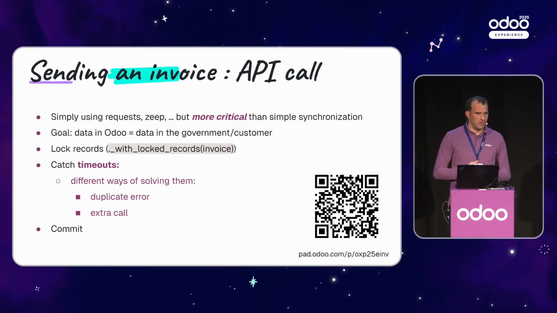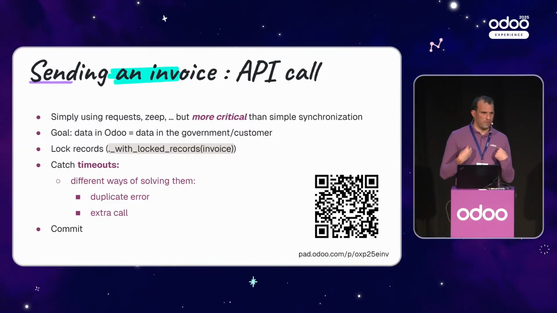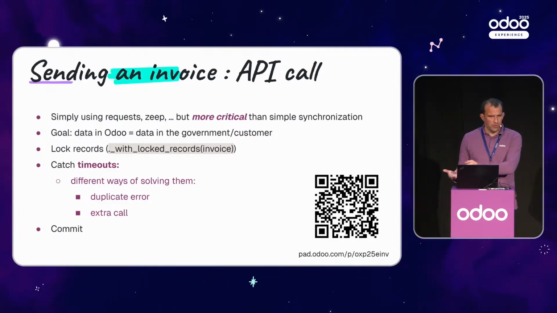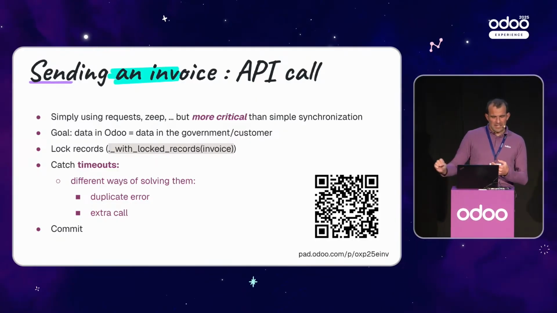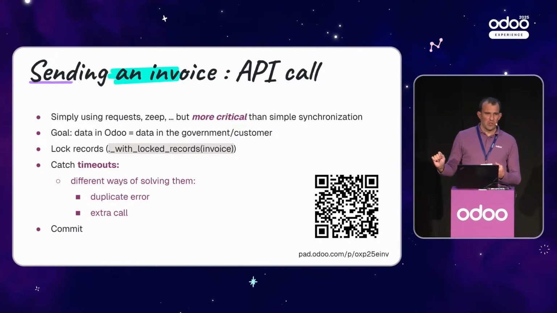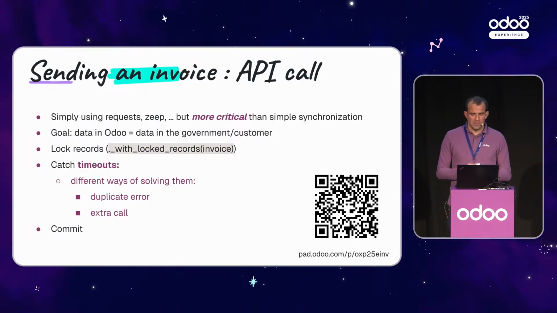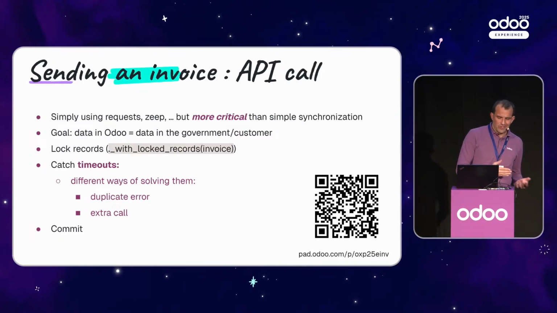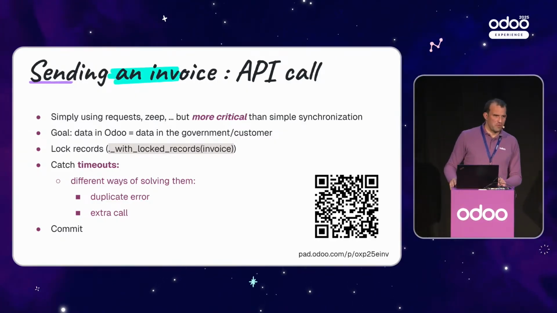In SQL, it's the select for update to make sure that you have ownership of the record and you can write on it after you send. So it's always important that if you send something, you write your result in the database as fast as possible, so that if something happens afterwards, it doesn't make your current invoice have the wrong information.